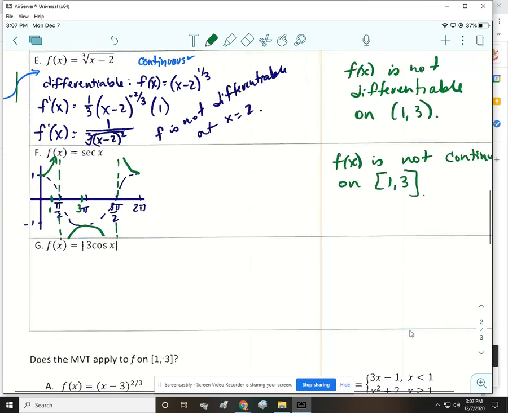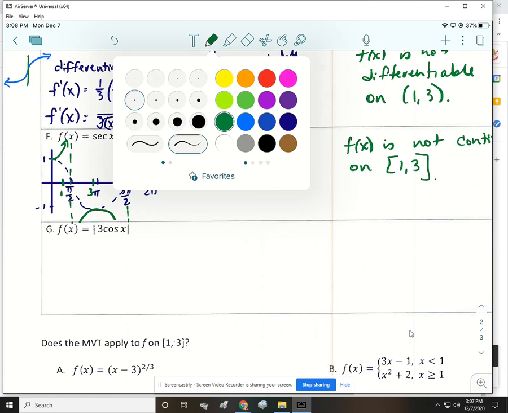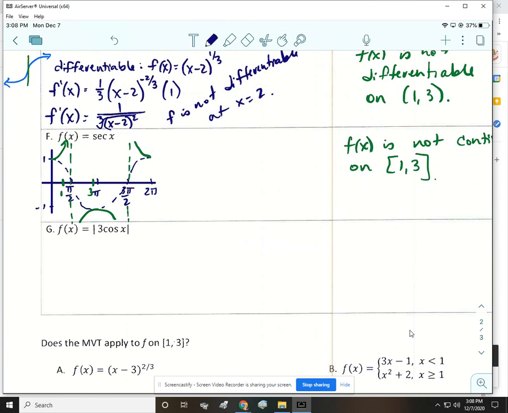Okay. And then g, I kind of like these graphs, and we talked about them lightly, I think, last year, and maybe some this year, but not enough for it to be solid in your head. But 3 cosine of x looks similar to the dashed line we just did.